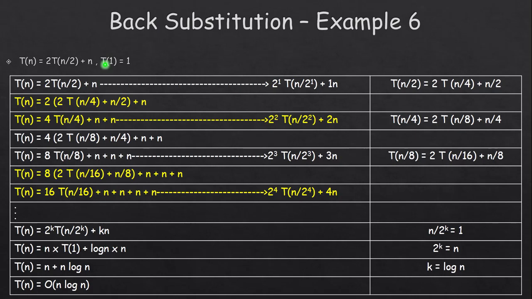So the base condition here is T of 1 equal to 1. So at some point this big term becomes 1. At that time we will get the value of k as log n. So n into T of 1 plus this k becomes log n, this n is also there. So we will get n plus n log n, which has a lower order term, so just discard it. So the complexity of this procedure will be n log n.